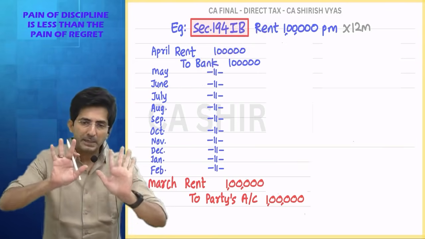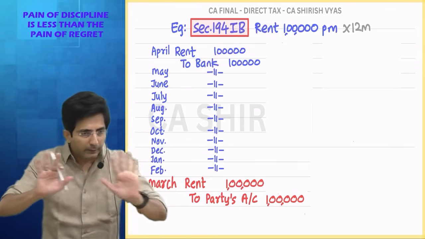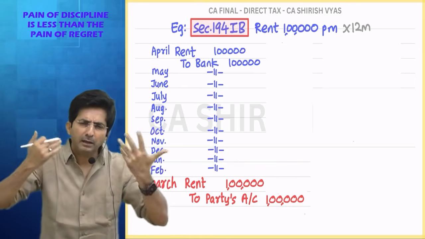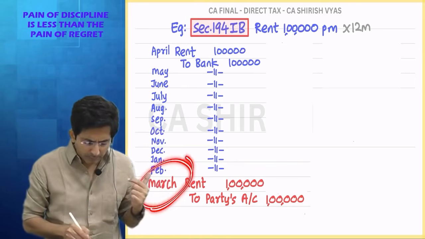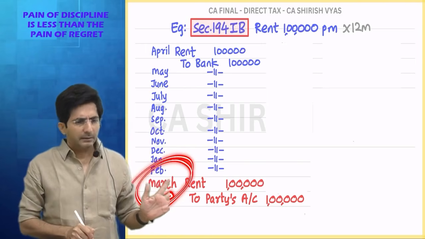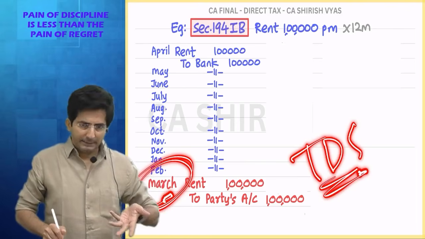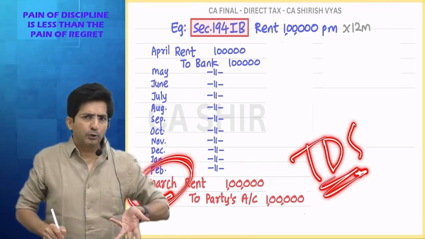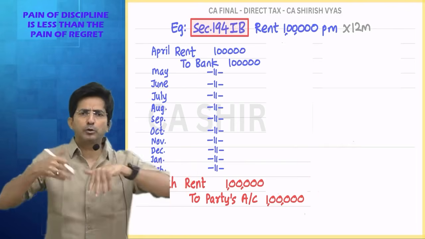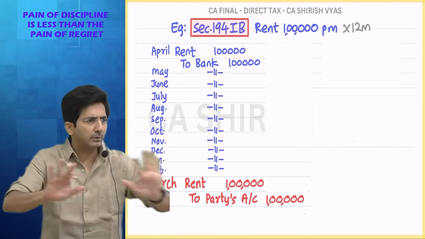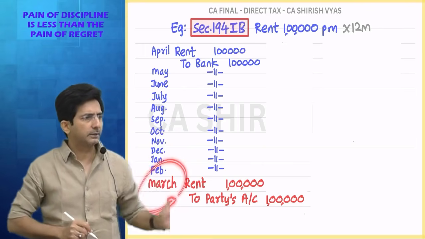So for them there is a special relief: no need to worry about TDS throughout the year. Let the year get over, and when the month of March comes, that time you take the tension of TDS. TDS is a tension, no? You have to create the liability in the books, then deposit on time. It's a tension, but that tension will not arise throughout the year. It will arise at the end of the year.